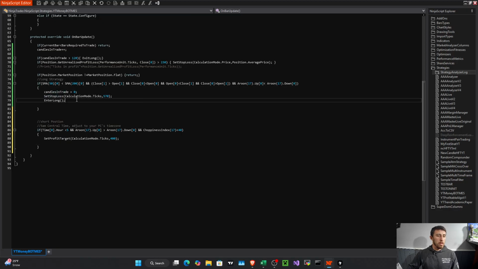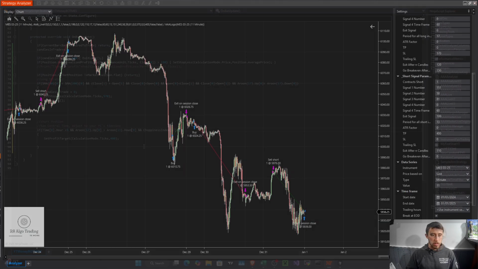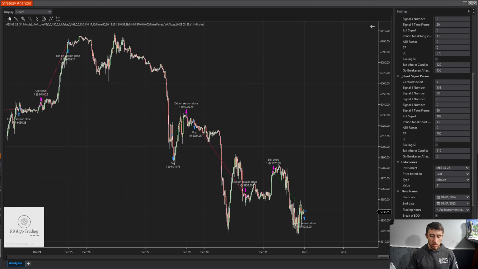Unlike our long side, we only have a stop loss and no TP. So set take profit 400. I actually messed this up. Our period is 13 for the short side. So make sure to change that. 13, 13, 13 there.